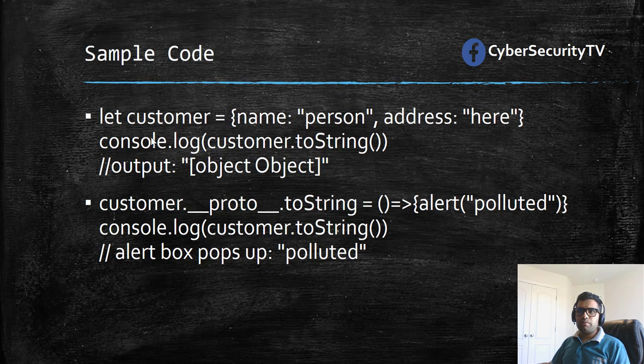This is a typo in the code, but anyway, this is not just for the customer object. Any future objects created from this constructor, if anyone tries to call toString, they will get an alert box.